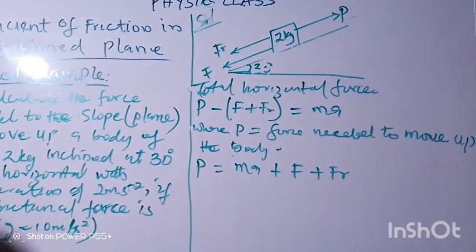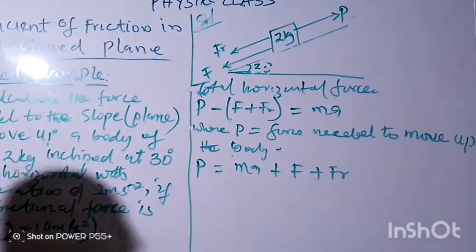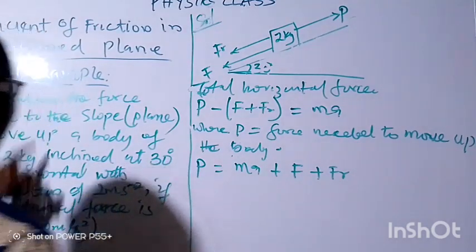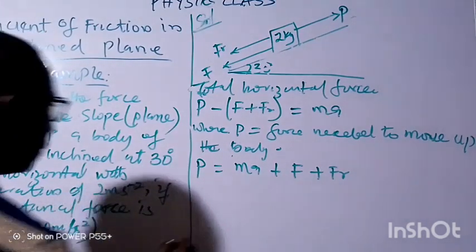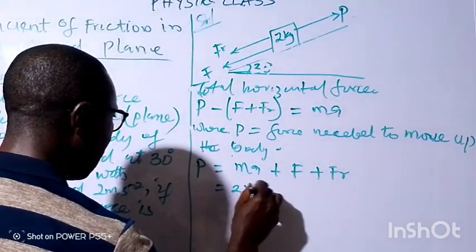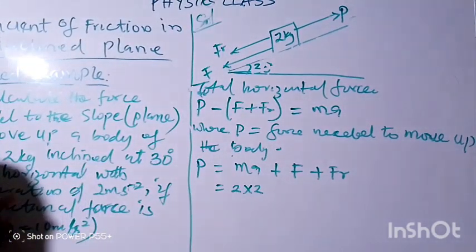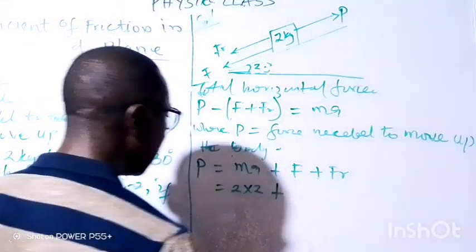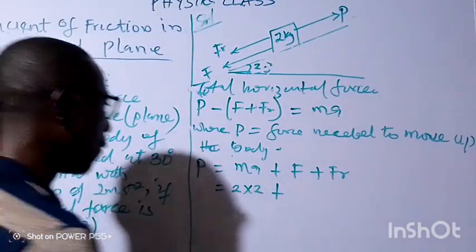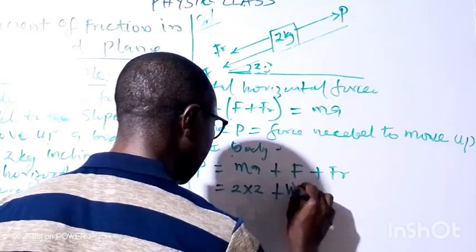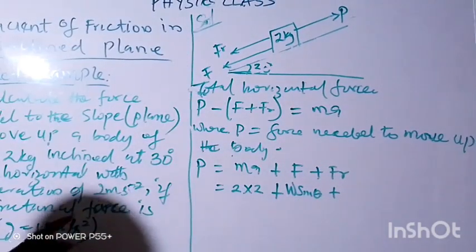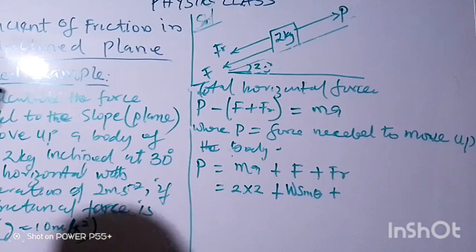So from there now, our m, according to the question, is given. That is 2 kg. That one will now be 2 multiplied by 2, that is the acceleration, plus the magnitude of this one, which, don't forget, is W sine theta, then plus this one, given as 10 Newton, plus 10.